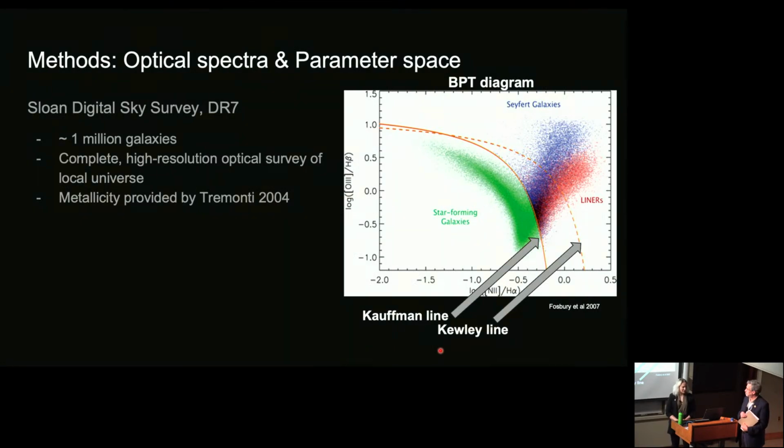The question was about the difference between the Kauffmann and the Kewley line. Essentially we have these two branches, but we're not sure where exactly they could be mixed in the middle there. So we limited ourselves to below the Kauffmann line because we can be more certain that those are all star-forming galaxies and would eliminate any mixing of AGN in that boundary there.